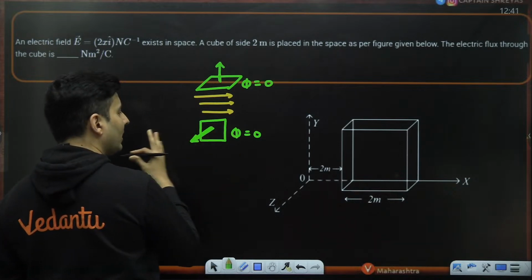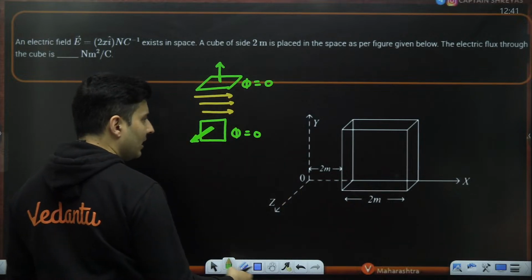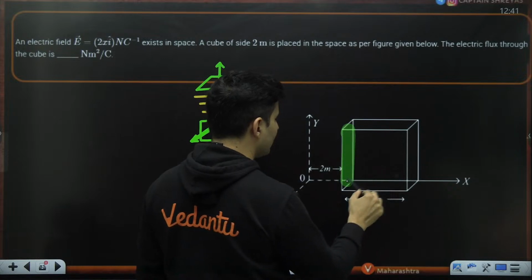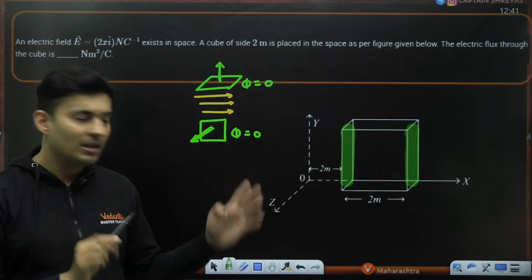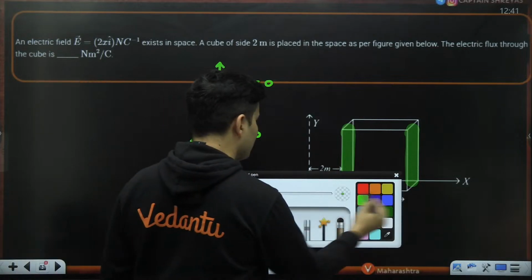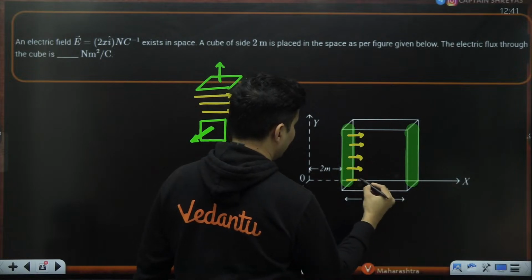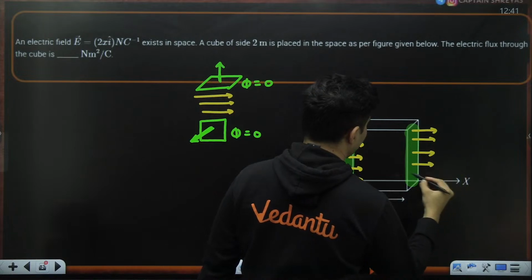The field will not pierce through it, so no flux is contributed. The only flux will be contributed by this face here and this face here. These are the only two faces which contribute to the electric flux. Here there will be some amount of electric field, and here also there will be a different amount because it varies with x.